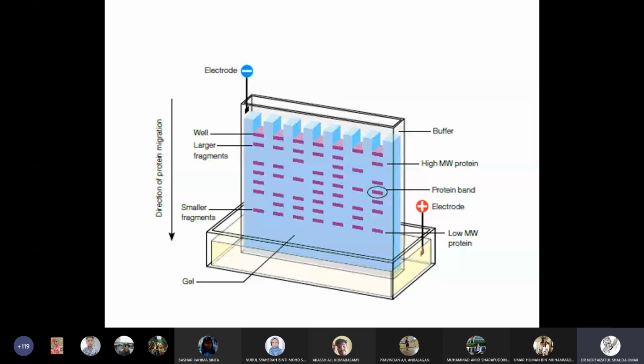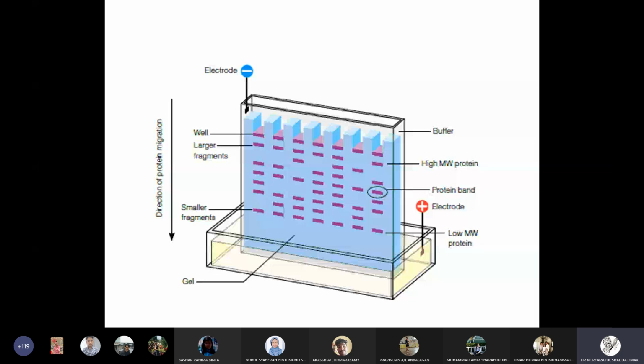So for it to move, we need to make it negatively charged. When we want to make it negatively charged, what pH do we use? Is it an alkaline solution or an acidic solution? Alkaline solution. So we use an alkaline solution to make it negatively charged.